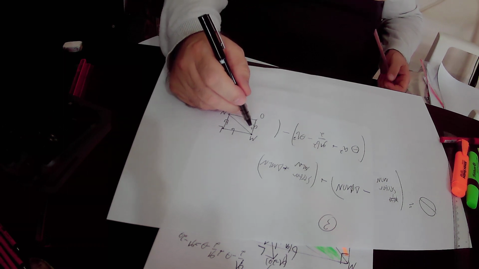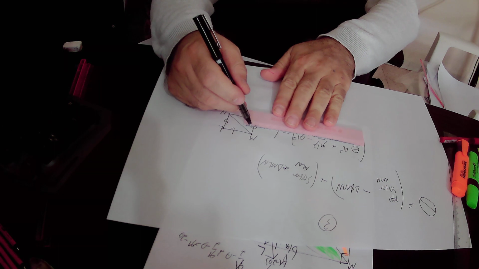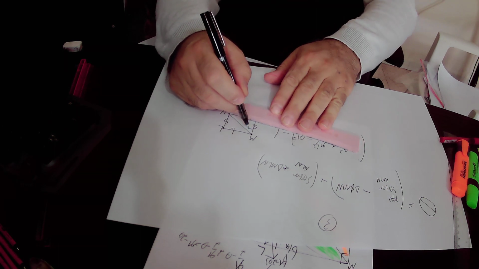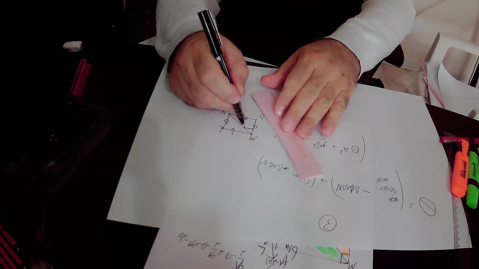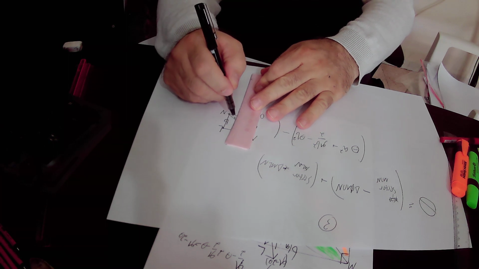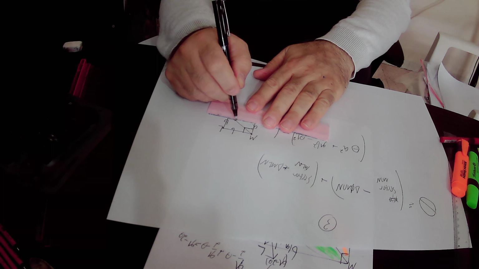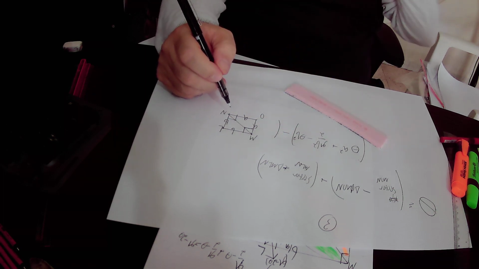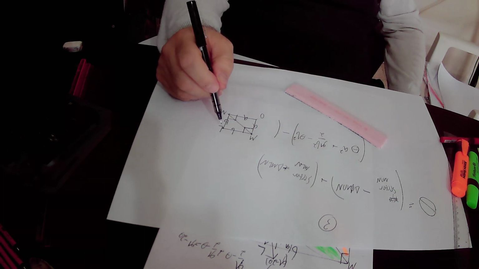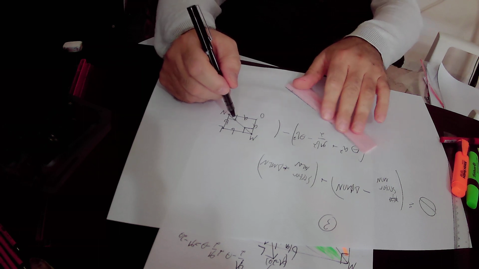This angle equals 90 degrees, and this angle also equals 90 degrees. In the next step, we'll join points O and L together by a straight line.